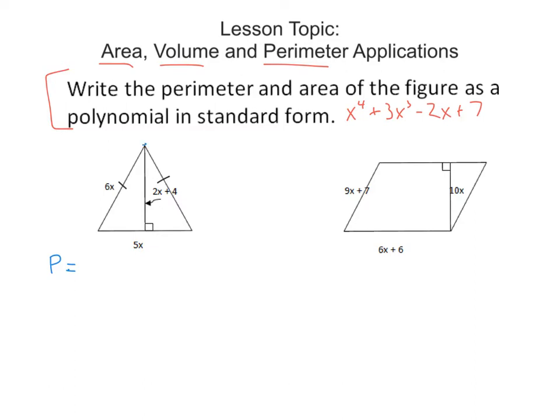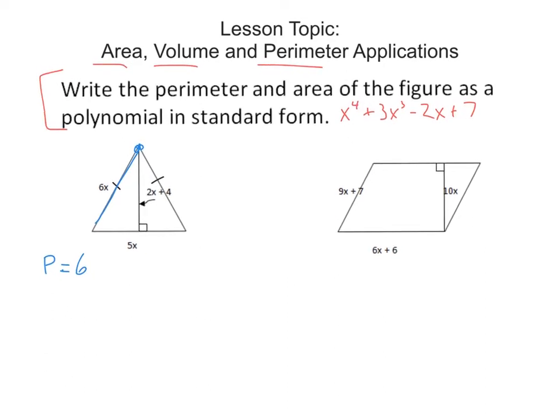I always talk about if I was going to walk the perimeter of the figure. Alright, so if I'm starting up here at this point and I was going to walk around this figure, I've walked 6x, and then I've walked from there across here, so plus 5x. Plus, then I also have to walk from here all the way up to here to get back to where I started.